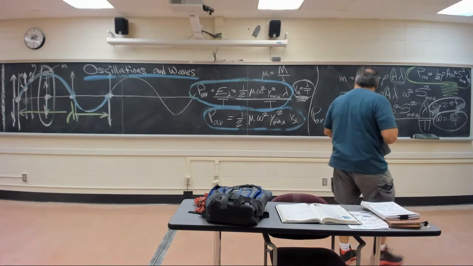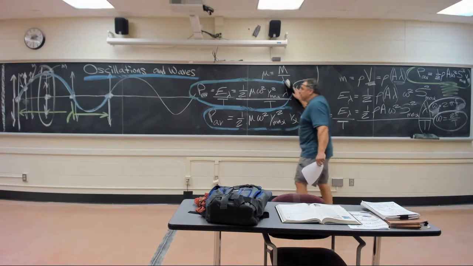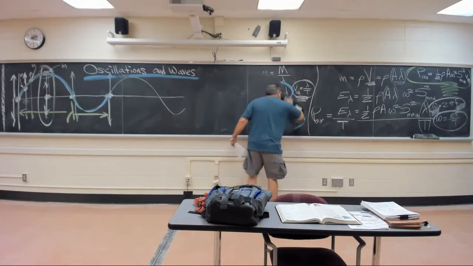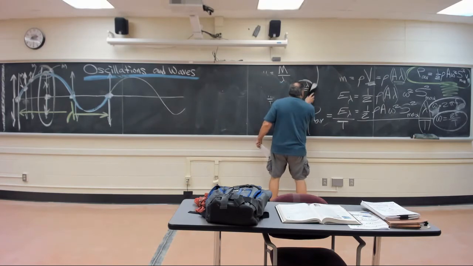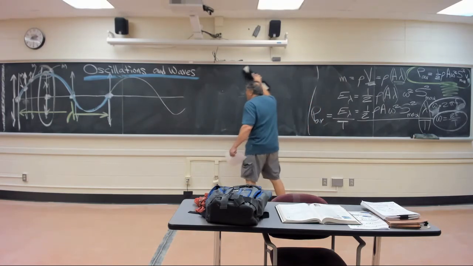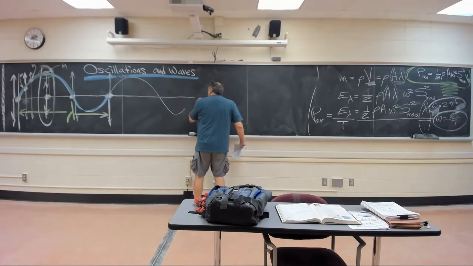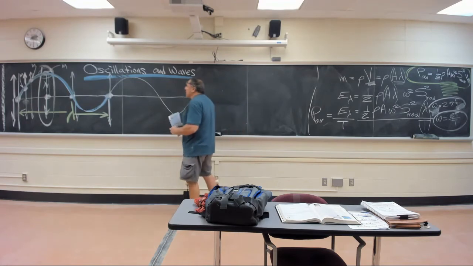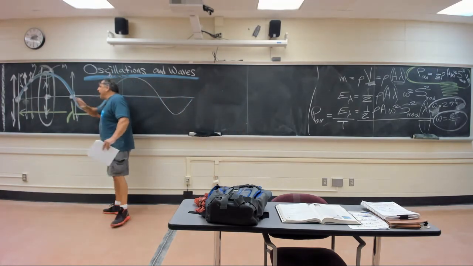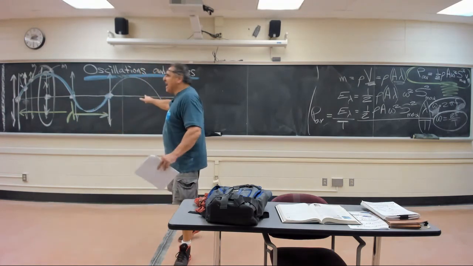So let me see where we want to go with this thing. Even though one of them is longitudinal and the other one's transverse, I can mathematically describe any kind of disturbances associated with waves like that.